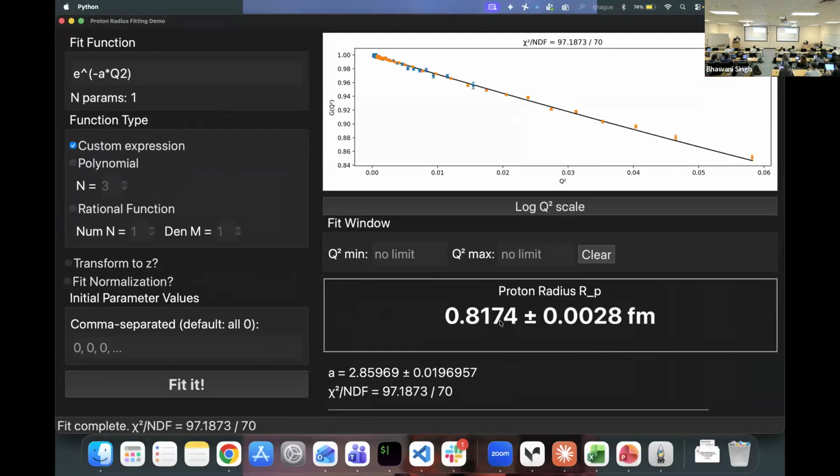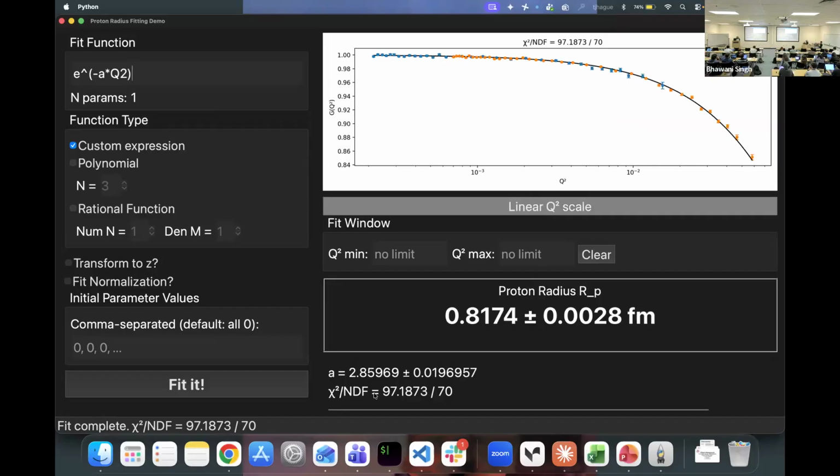And so that gives quite a small radius, which is interesting. But we can see chi-squared is actually not too bad. That's actually surprising to me. I did not expect that. I've not played with that fit function before, so I had no idea what to expect.